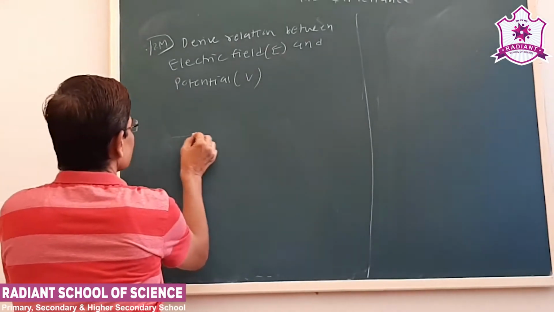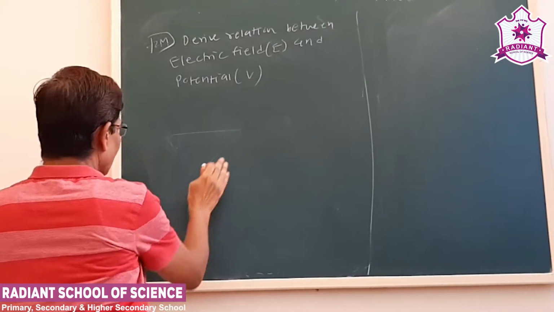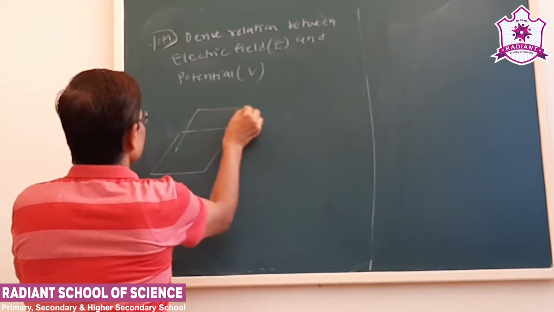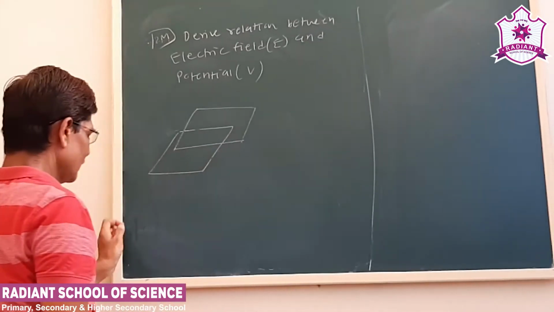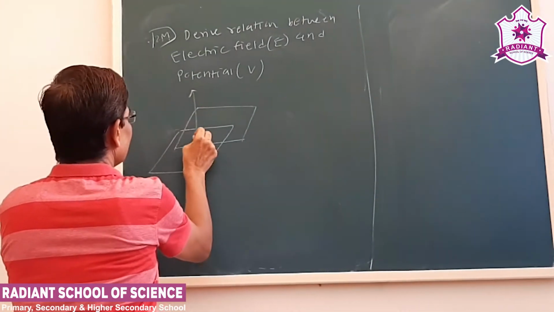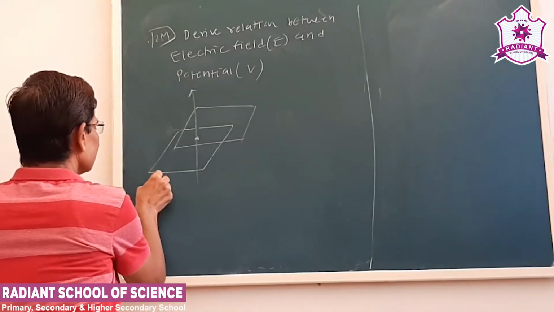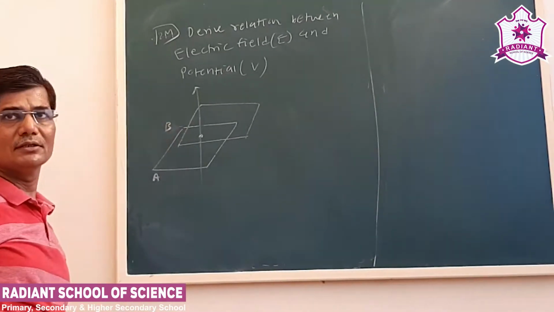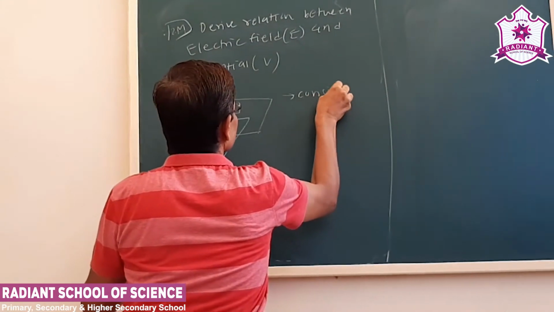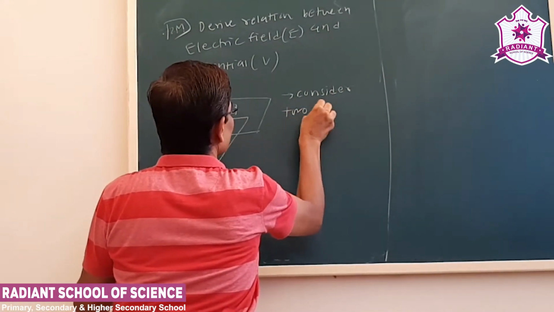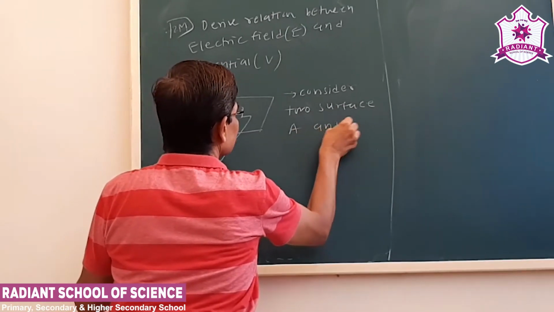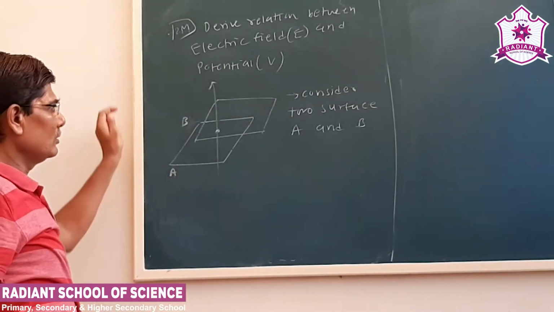Now let us say we have got 2 arbitrary surfaces, surface 1 and surface 2. Let us assume the electric field is in the upward direction. Consider the 2 surfaces A and B.